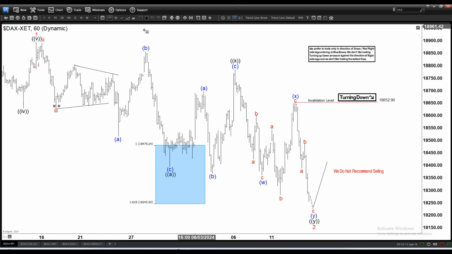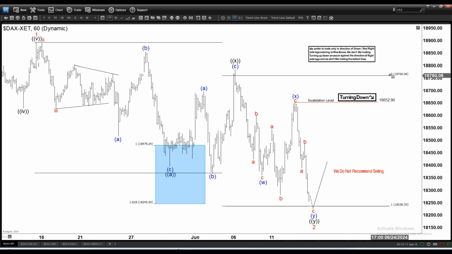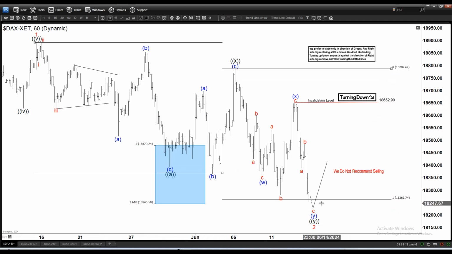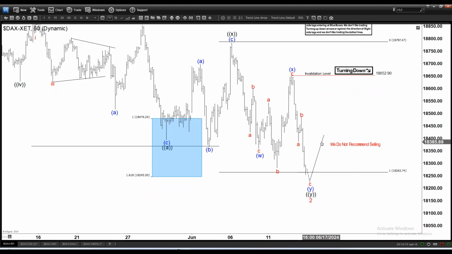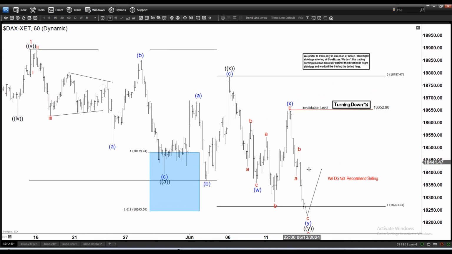So you're measuring A here, B here, which is almost identical anyway in the 100% extension. The only issue if this is actually ABC is that this is only 3 waves down so far. So it can actually become a 4 and a 5 to finish the C if you label this as an ABC.